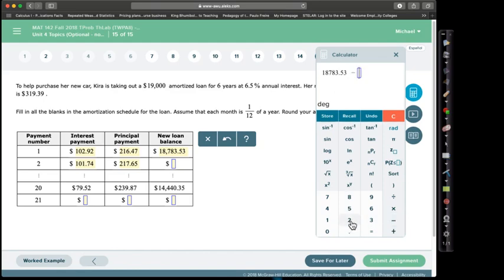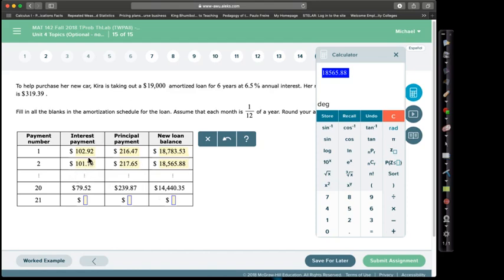We subtract 217.65, and that's our new balance, 18,565.88. We just keep doing this with each calculation. It used to have to be done this way to come up with a table. Now we've got computers that do it, and actually we've had that for many years. Microsoft Excel is a great way to do this.